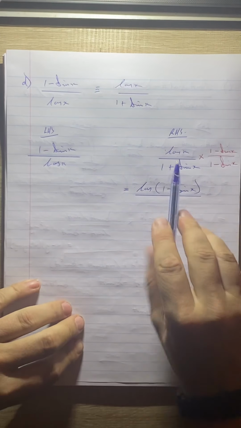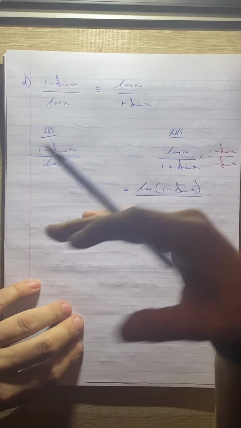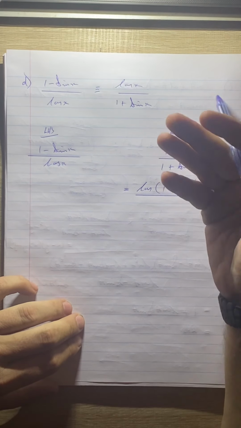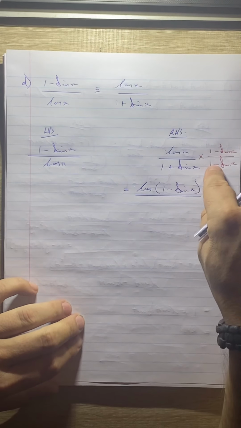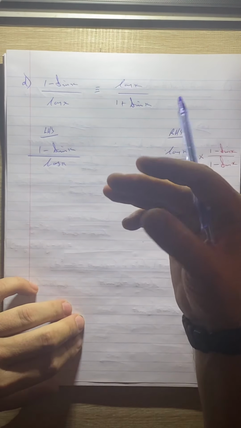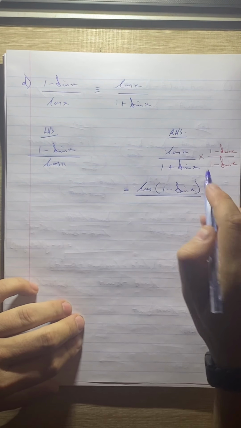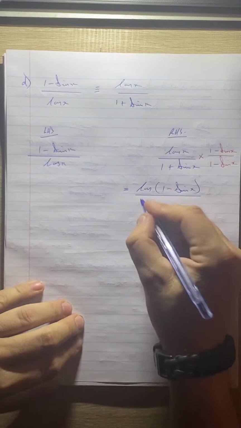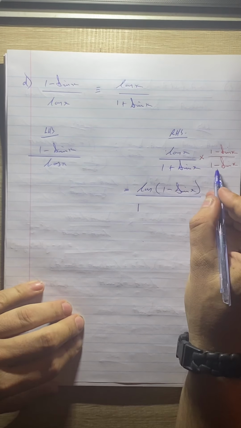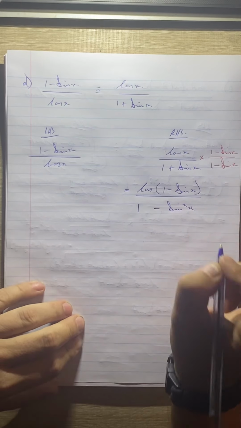If we have a look at the bottom here, we've got 1 plus sine x, 1 minus sine x. So that is like your binomial with binomial, but the signs are different. So remember that your outer and your inner terms will cancel. So all I'm going to do is just do the firsts and the lasts. So 1 times 1 is 1. Sine x times minus sine x is minus sine squared x.